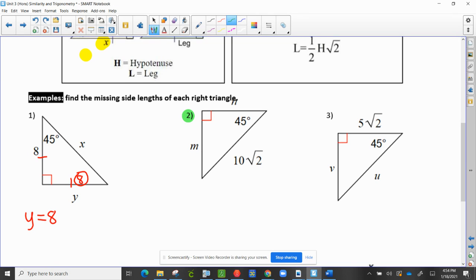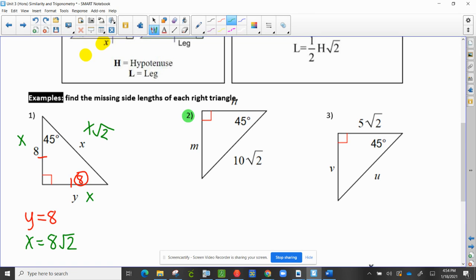Now the relationship with the hypotenuse is always x times root 2. Well, if these are 8 and 8, then this has to be 8 times root 2. So that's all that's saying here, okay? And again, this is our x side and our x side and x root 2. That's the relationship that 45, 45, 90 triangles have.